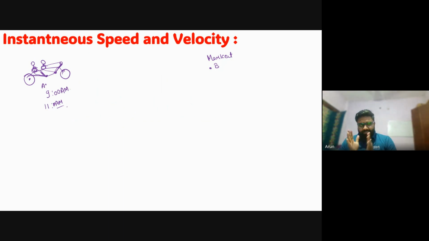So the speed which you tell for a particular instant of time is termed instantaneous speed. But if you are talking about the entire journey and telling a single velocity or single speed, that particular speed is average speed. Got it? So I will define it for you.